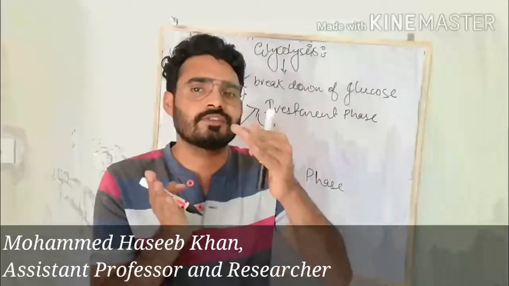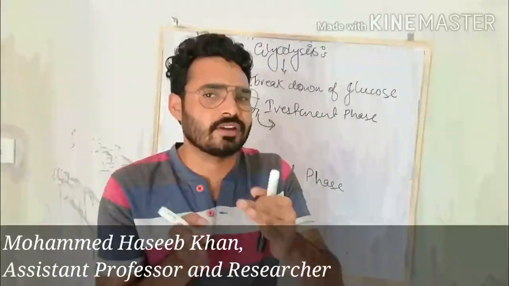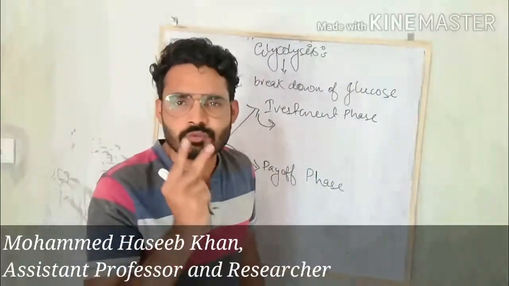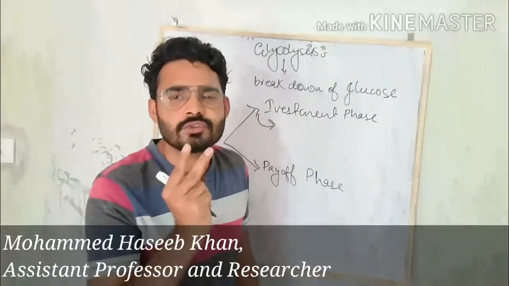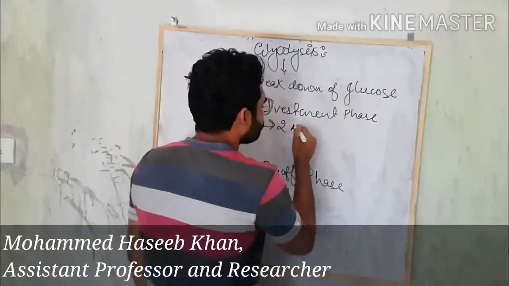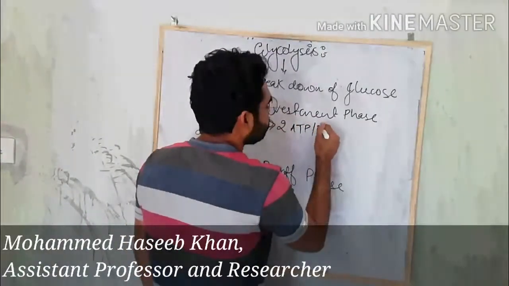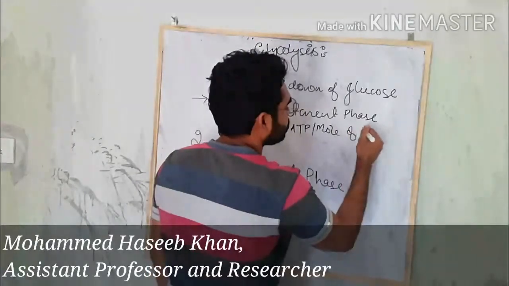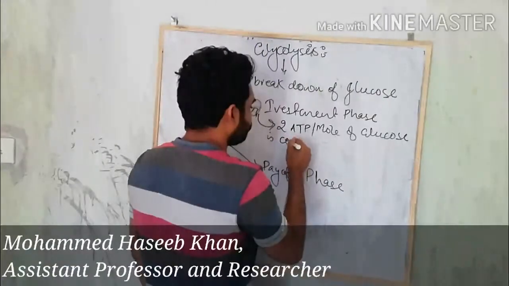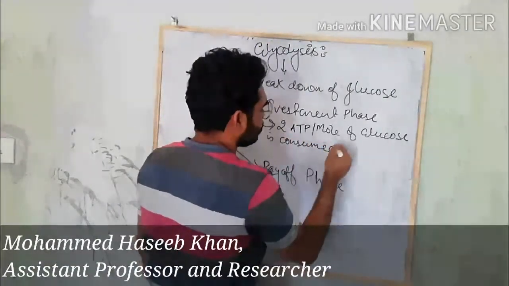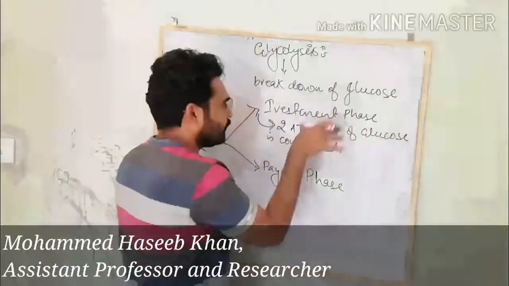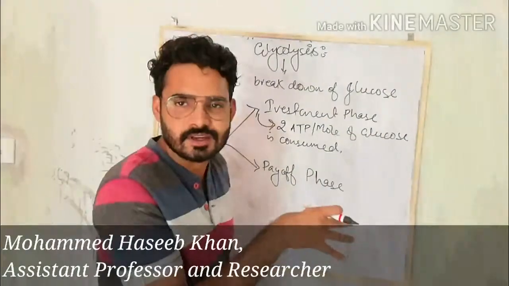So all those first 5 reactions I am referring to here as the investment phase, where 2 ATP molecules per mole of glucose are consumed, right?